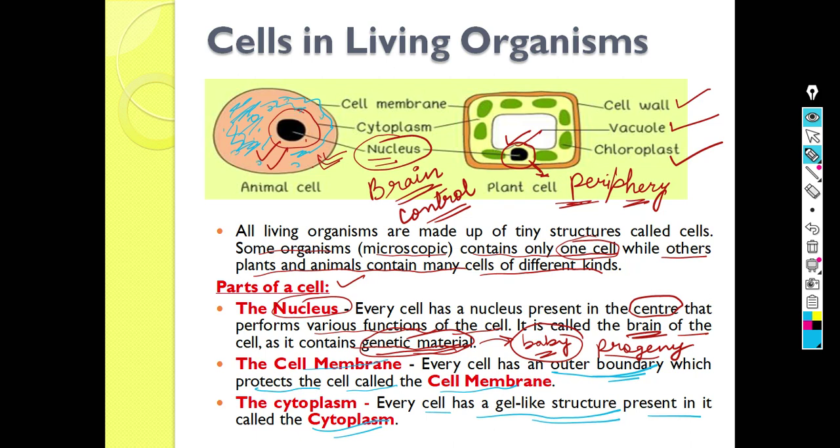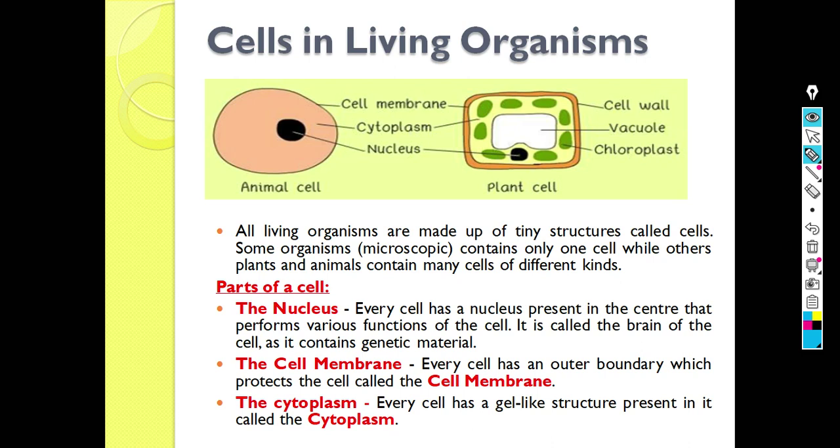In the same way, there is a jelly-like structure inside every cell, which is helping things to move, helping organisms to move. Understood? So this jelly-like structure is called cytoplasm. Okay, now we are going to see the next slide.